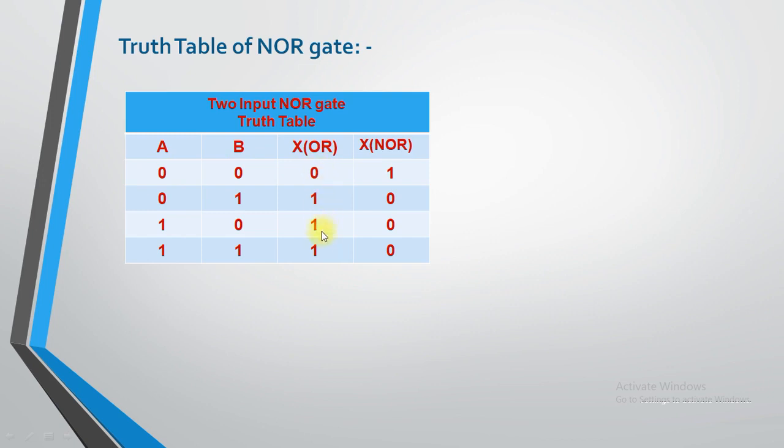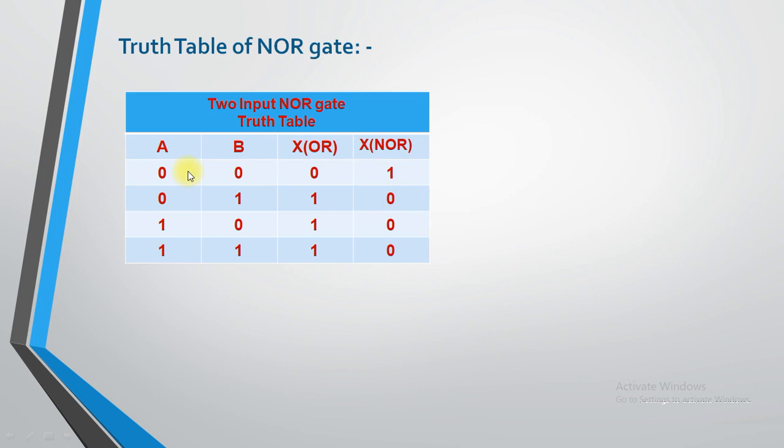In the remaining cases it will be 1. Now X is an output variable. So what is the value of output variable X using NOR gate? It is exactly opposite of this particular gate. So what you need to do, the output 0 will be replaced by the output 1, and in the remaining cases it will be replaced by 0.